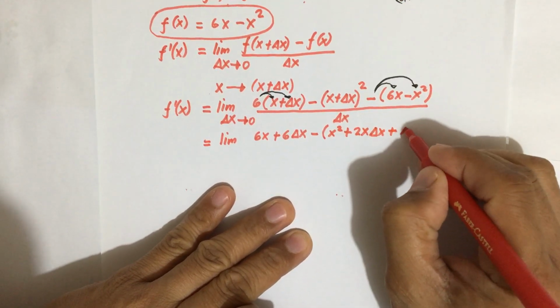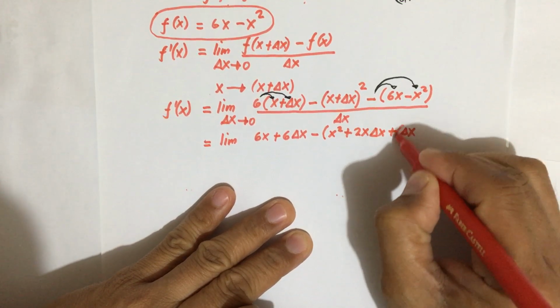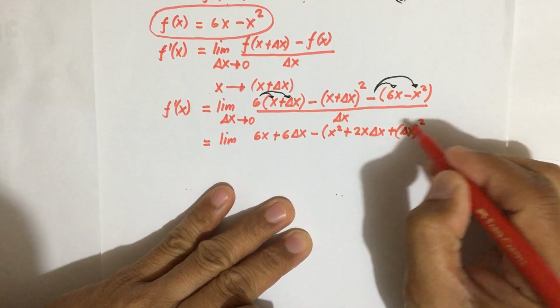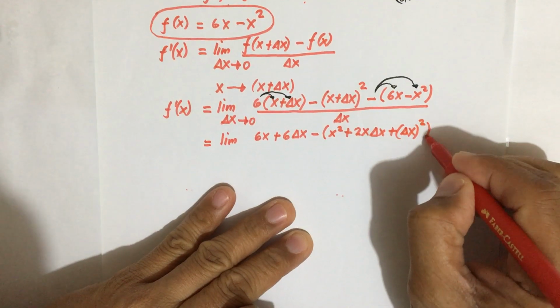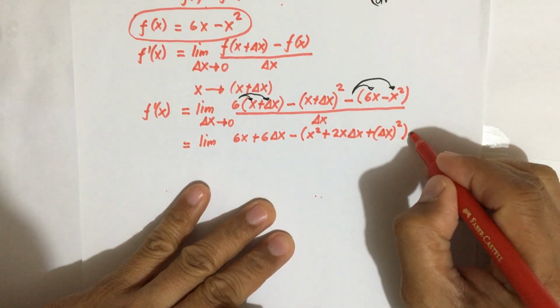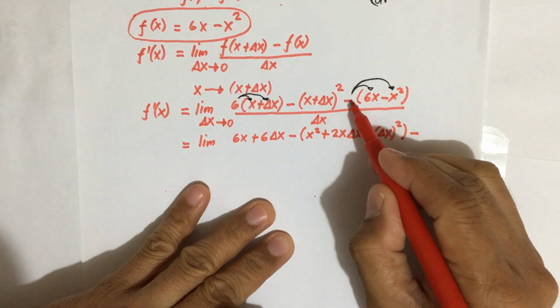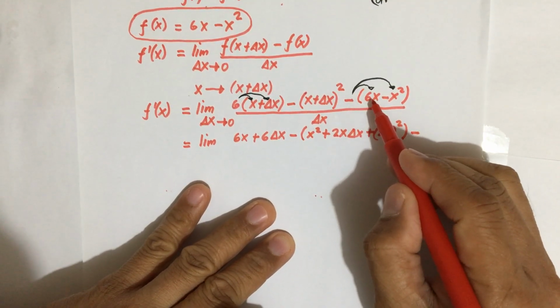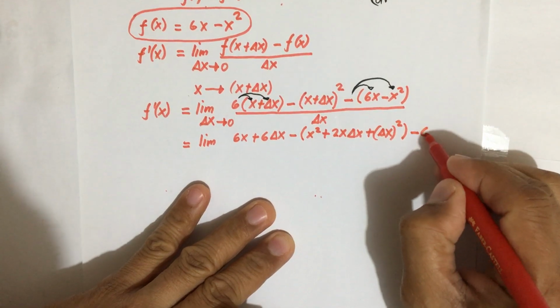So our second term is delta x, so we square this one, and then don't forget to put it inside a parenthesis. Then minus, so distribute this, negative times 6x, so negative 6x.